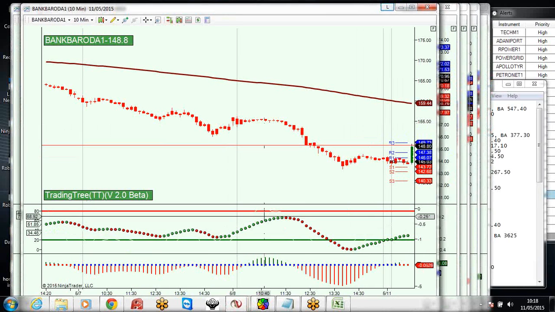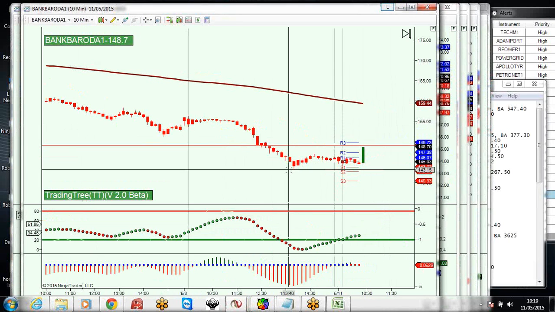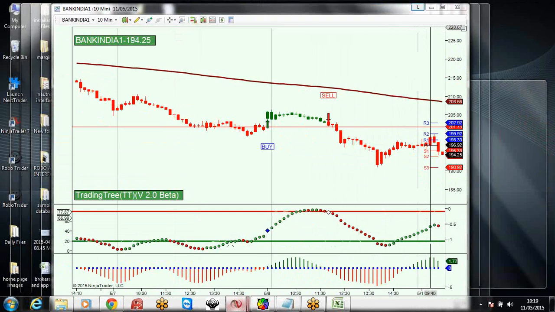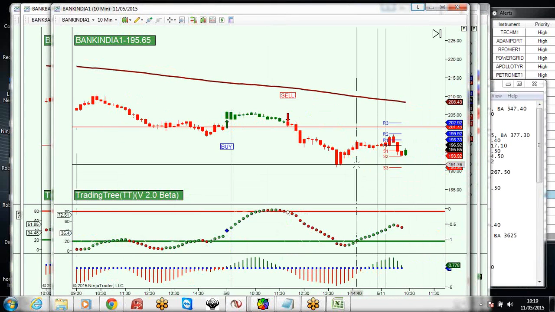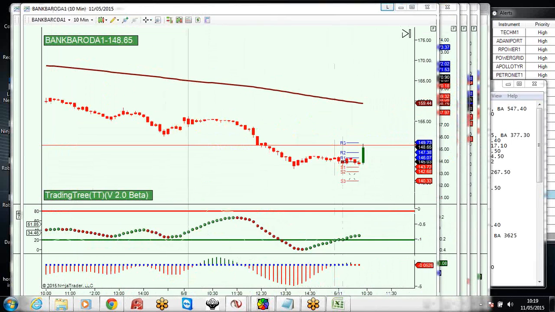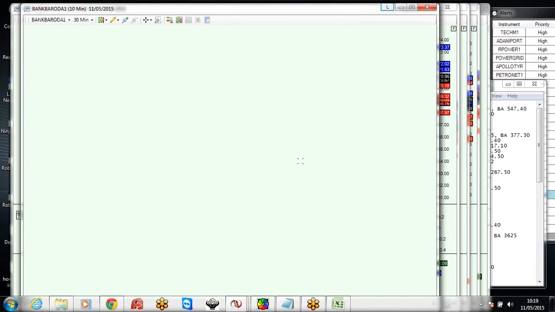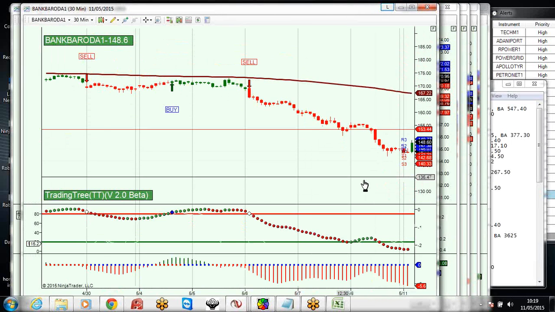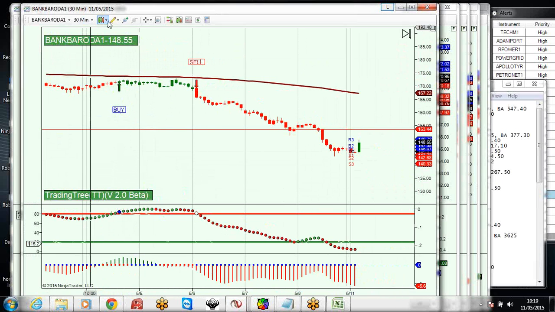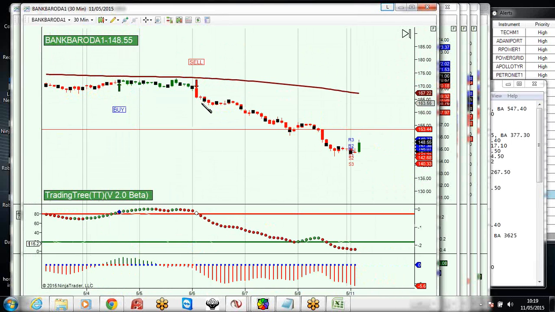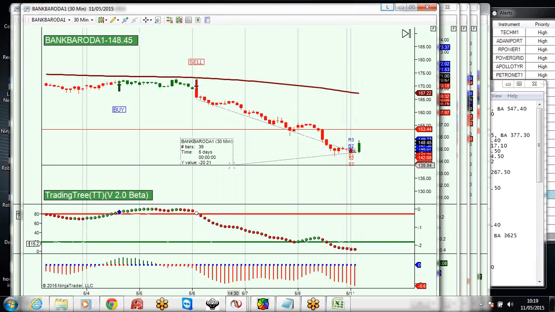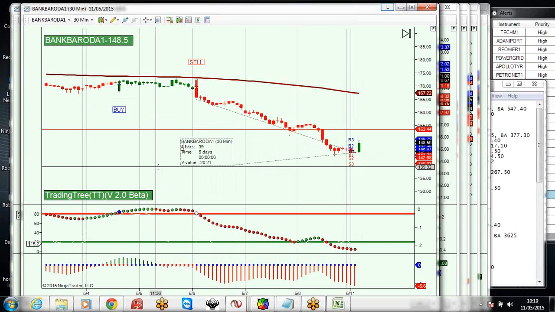Bank of Baroda is a sell call. Now I think we should be getting a buy call. And the same should go for Bank of India. So 20 rupees down in the last three trading sessions.